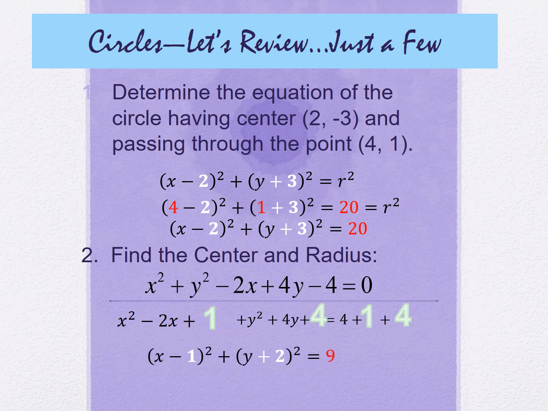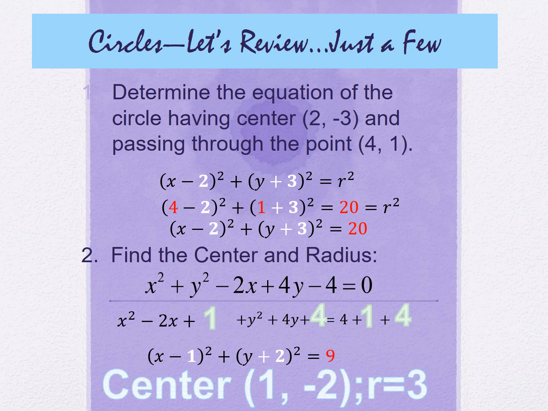And there it is. I've got my center radius form. What's my center? 1, -2, and the radius is 3. You got it. All right, so just a quick little review of circles before we go into the ellipse.